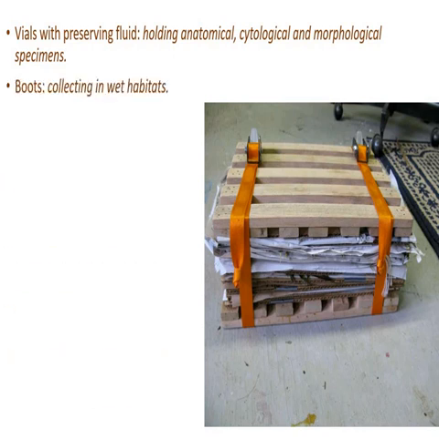You will require boots when you are collecting in wet habitats. You will also require darkroom tongs in the event that you are collecting or handling toxic plants like the stinging nettle, which if you just handle with your bare hands, they'll release hypodermic needles, necessitating your body to produce antihistamines, and the experience might not be very interesting for you.